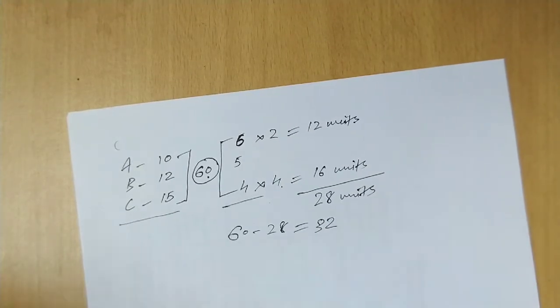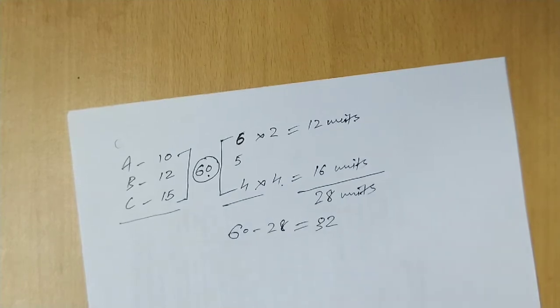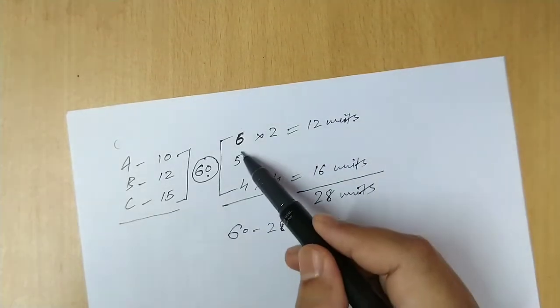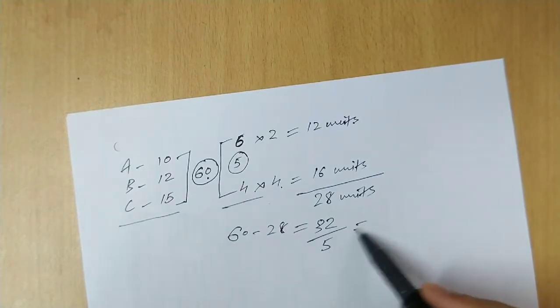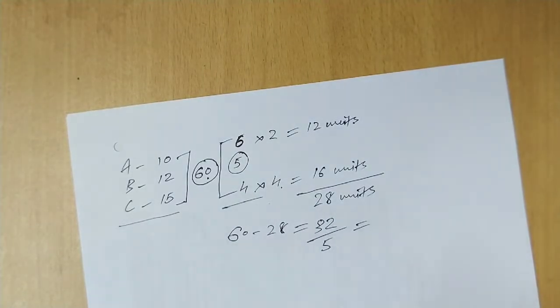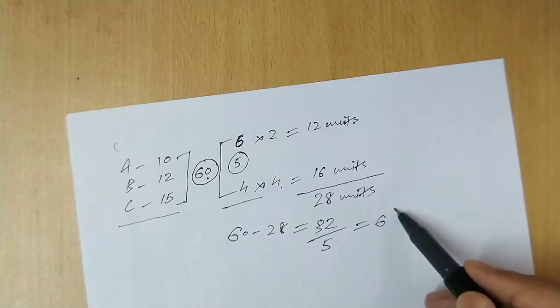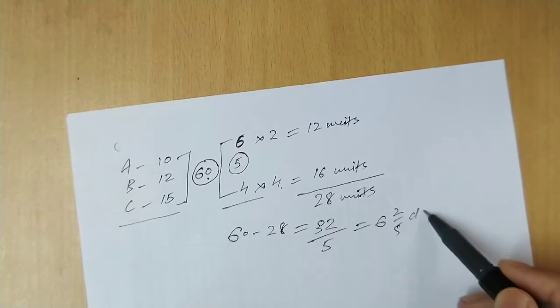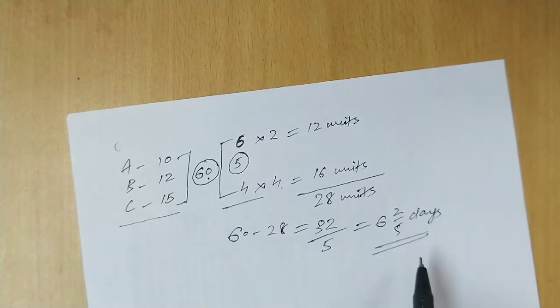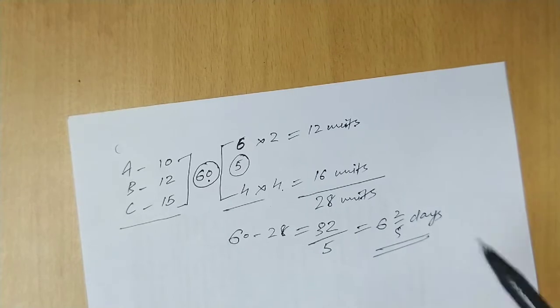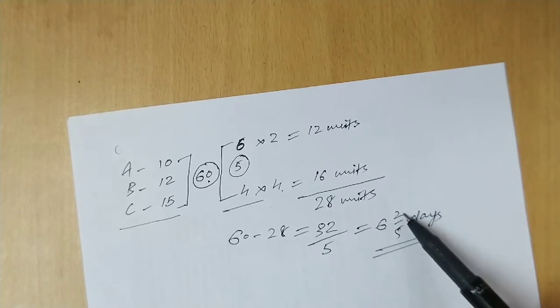Now this 32 work is completed by B alone, and the efficiency of B is 5. So if we divide 32 by 5, we will get 6 2 by 5 days. And the question says in how much time the whole work will complete. So the whole work will complete in 6 2 by 5 days.